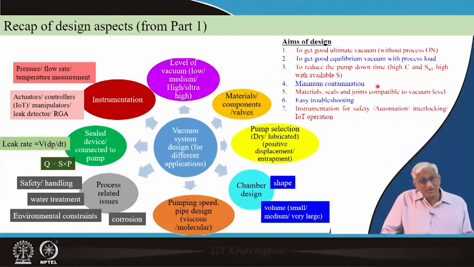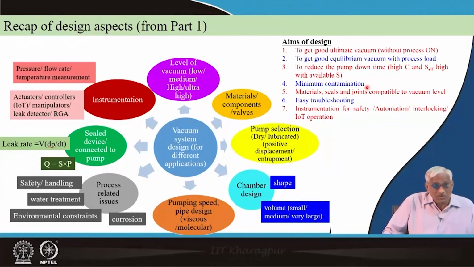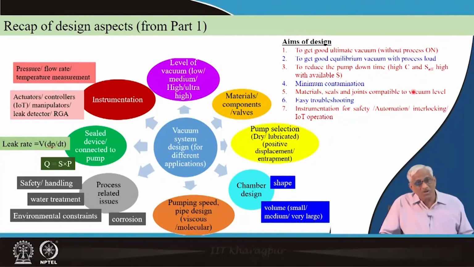Then minimum contamination, this is a very important issue in modern processes, particularly in pharmaceuticals and semiconductor industries. If there is a small impurity available as a foreign impurity which is not required, then the quality of the product will be totally down, even though you are getting very good vacuum for the sake of it.